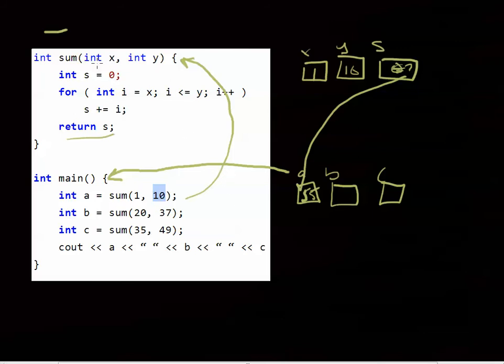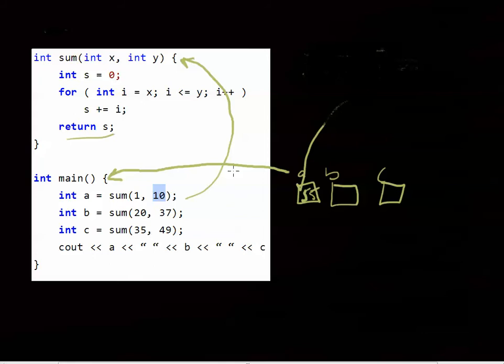Once we return out of this function, the other thing that we need to be aware of is that the variables that were created alongside of sum get wiped out. They are going to go away as soon as I make that return.